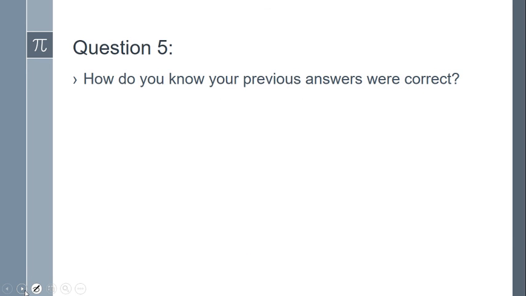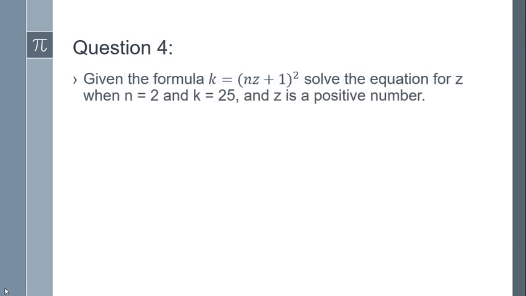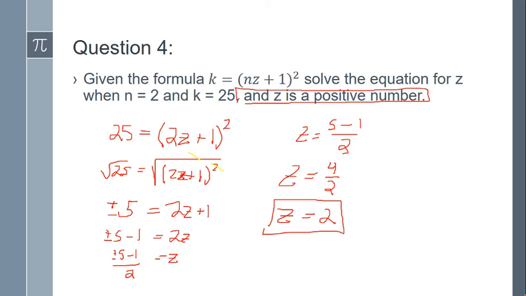And finally, the last question asks, how do you know that your previous answers were correct? All right, because in the actual project, they're relating the answers to culprits' names and locations. And so then they want to know how you know you were correct. And one way to do that would be to say that you could check your answers by plugging them back into the original equations.